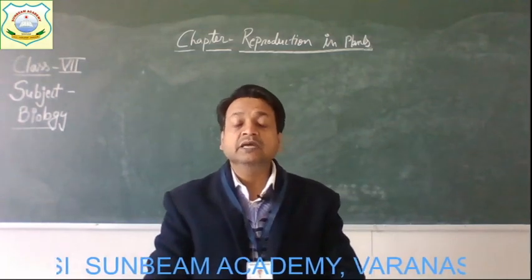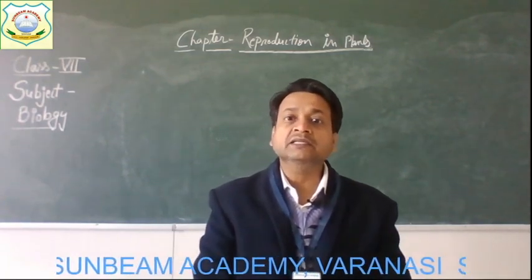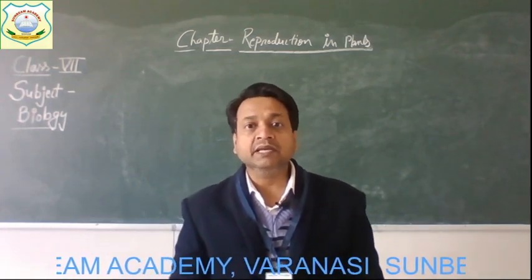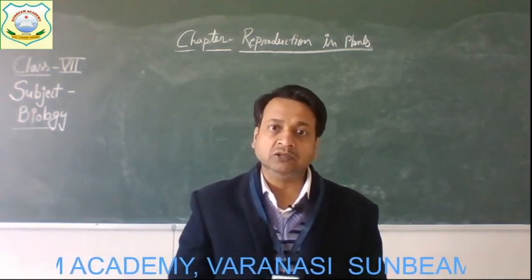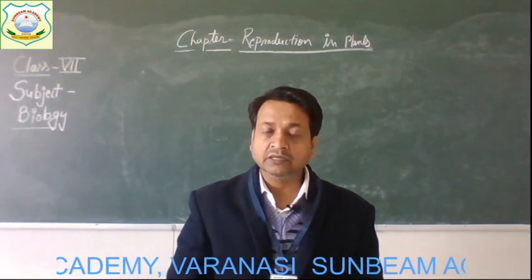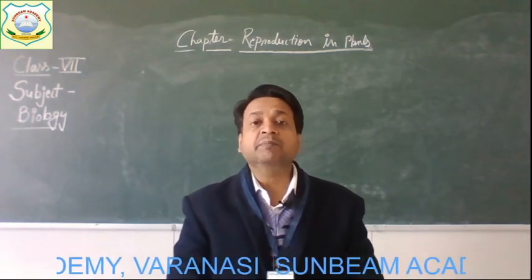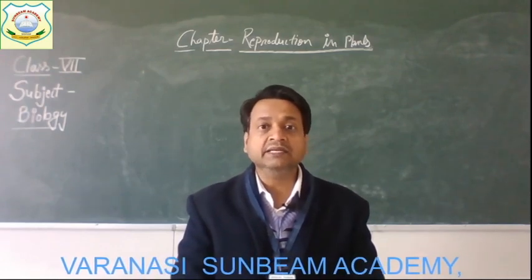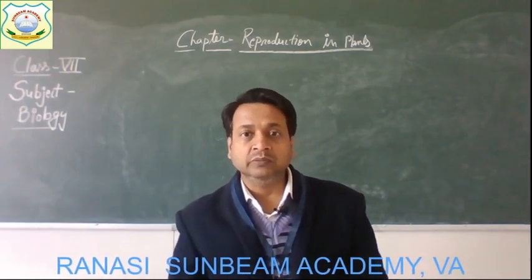Before starting today's topic, I am going to demonstrate activity number 7 of biology. As this activity is part of your activity syllabus, you need to write it in your activity notebook.